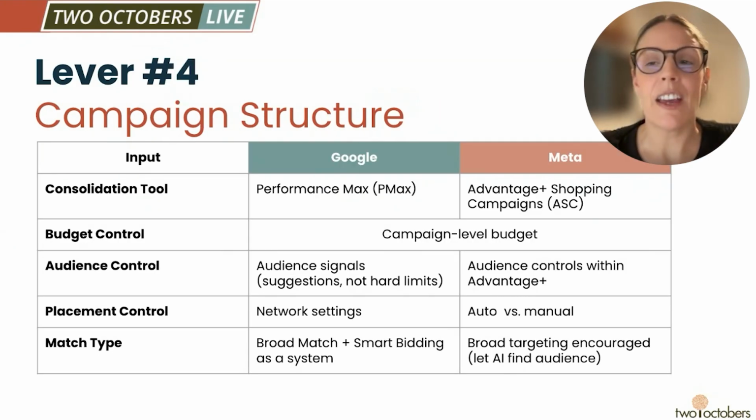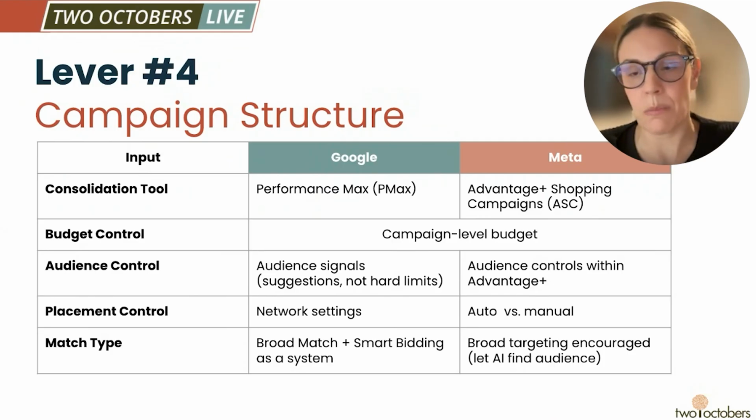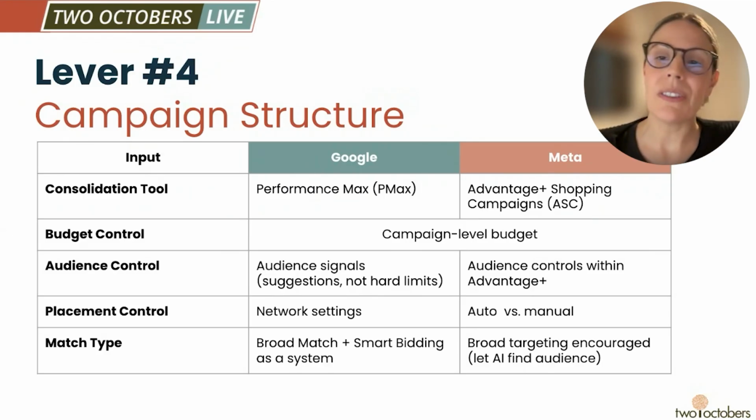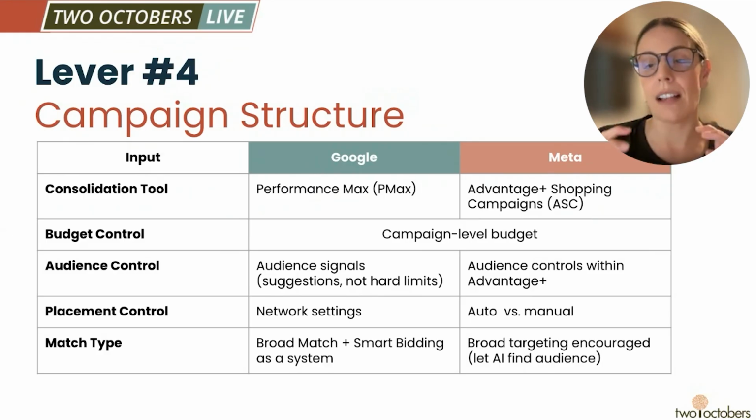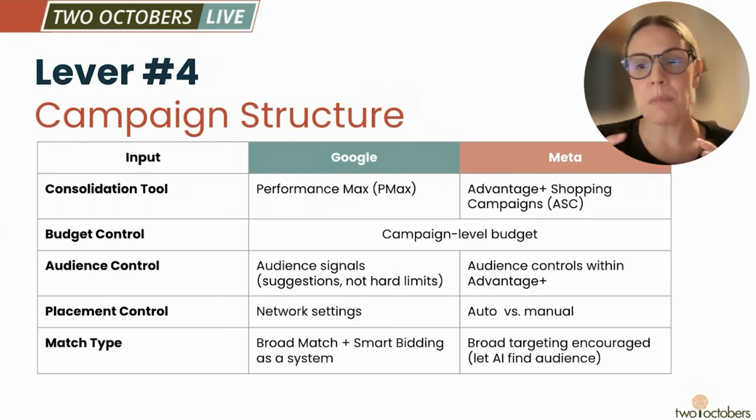And finally, campaign structure, which has really changed over time. We look at campaign structure in terms of consolidating ads and consolidating campaigns, rather than having numerous campaigns running with all different objectives or many ads. What we do now is try to consolidate budget and optimize at a campaign level.